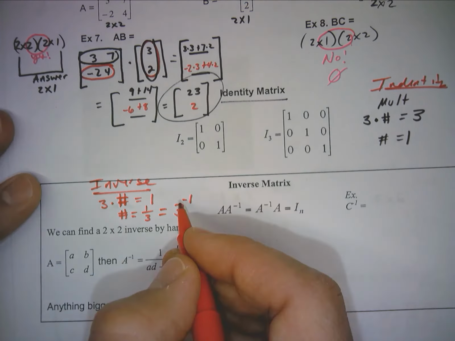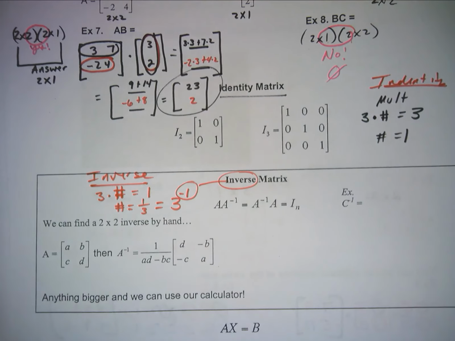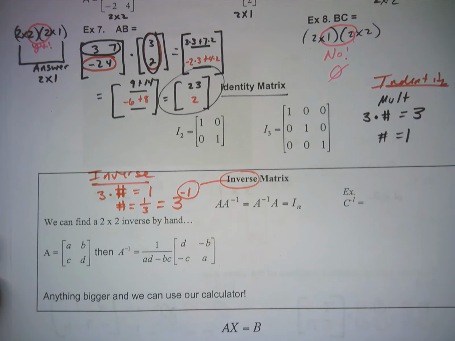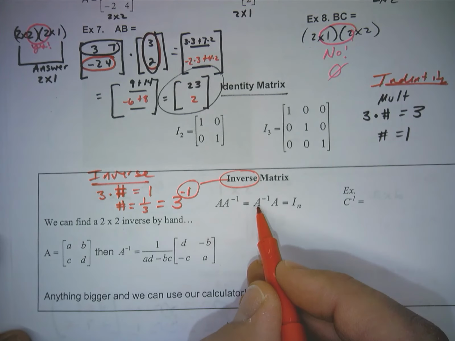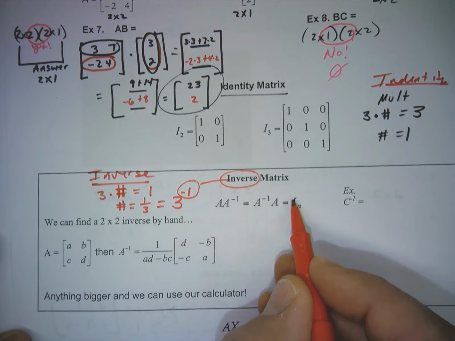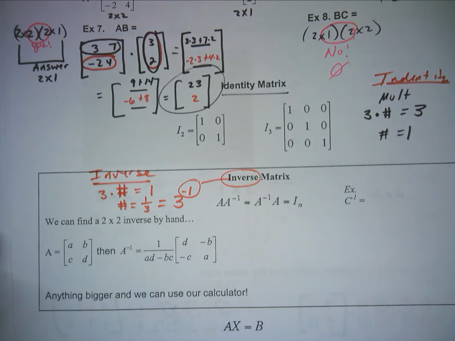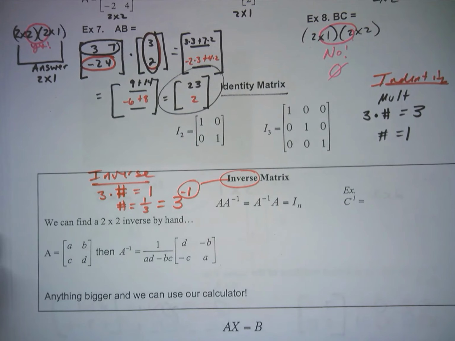So when we're talking about inverses of matrices, we have to do A inverse. So A times A inverse or A inverse times A will give me the identity. Same thing happens with regular multiplication. If I take 3 times its inverse, I will get 1.